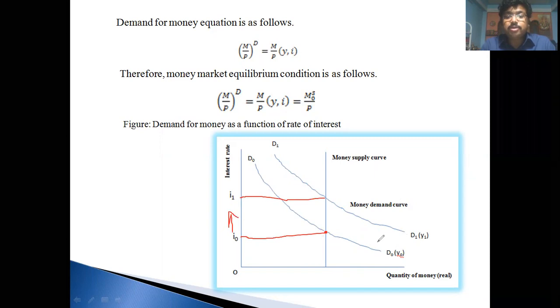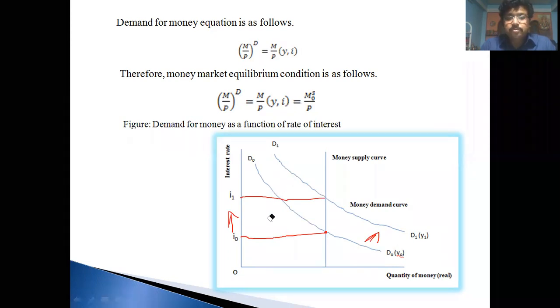So there is a positive relationship between the real income and the interest rate. So the LM curve is nothing but the locus of all those combinations of the real income and the interest rate that make the money market in equilibrium.